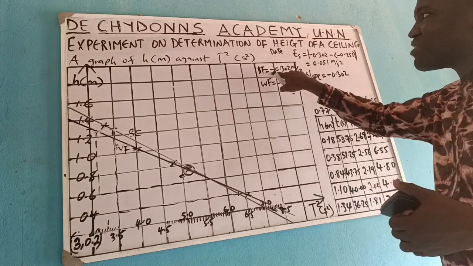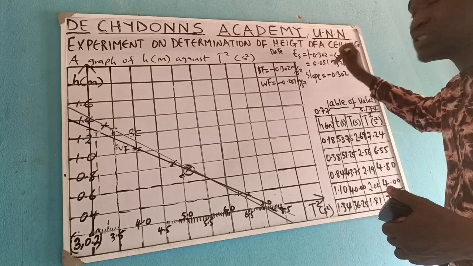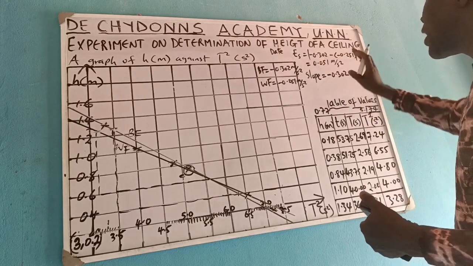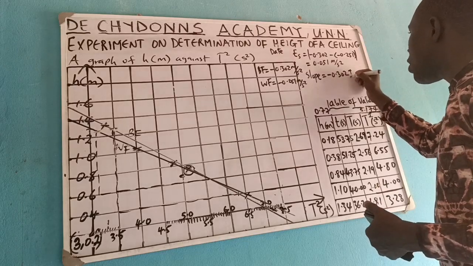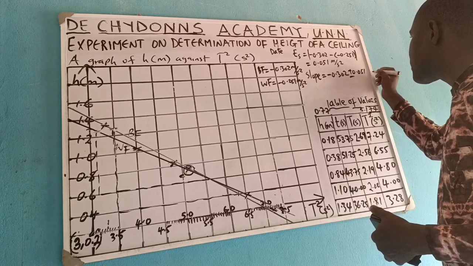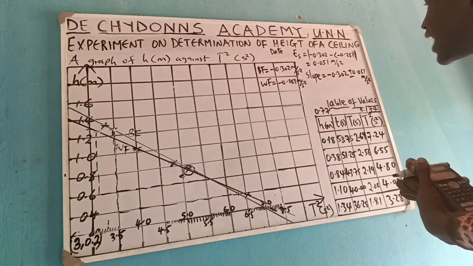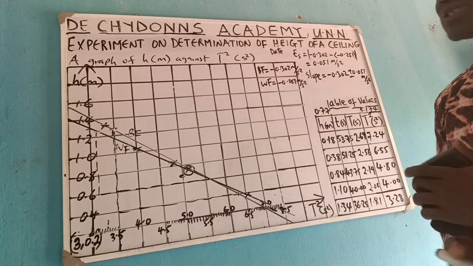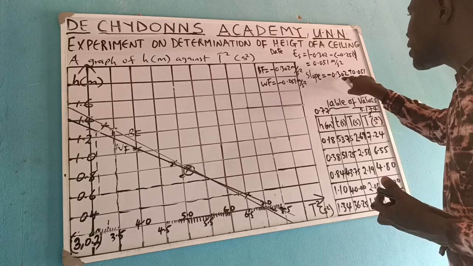That one will remain as it is, but only the error of it you will change to positive when it is negative. But when it is positive, remain it as positive. Plus or minus 0.051 meter per second square.